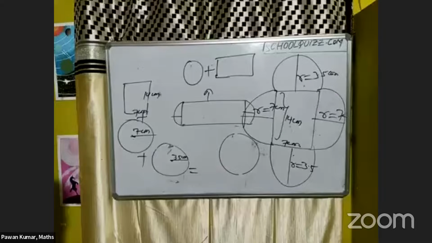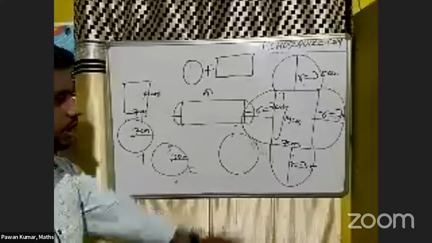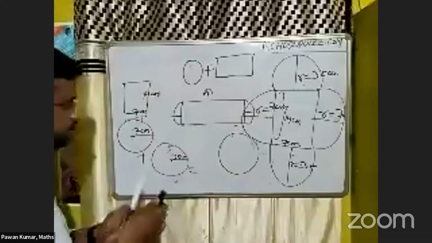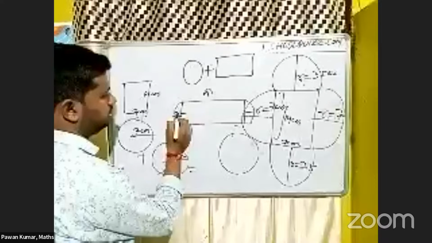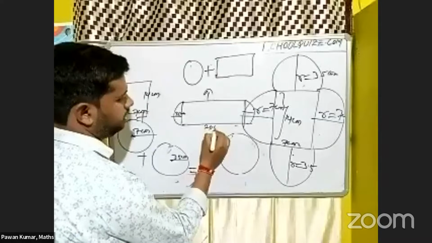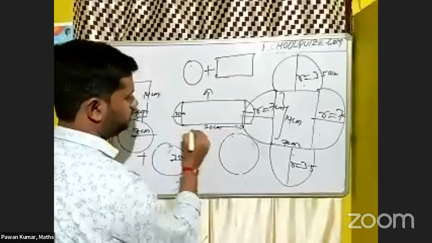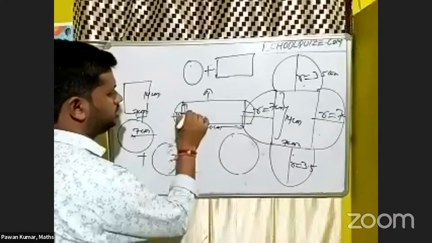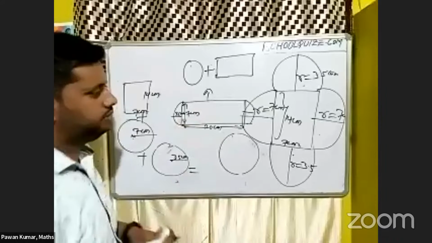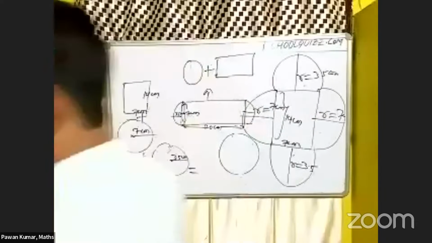So try to find out the area of this one, the total surface area of this ground and this ground. Suppose I mention this is a 3.5 centimeter radius and this is 20 centimeter. Correct? Rectangle, this is 20 centimeter. And this you can calculate, this will be 7 centimeter. Now find the area of these two grounds here. Make it fast. Then I'll include another one.